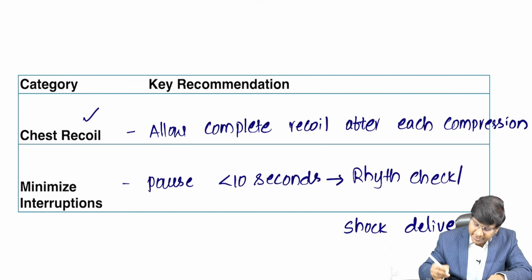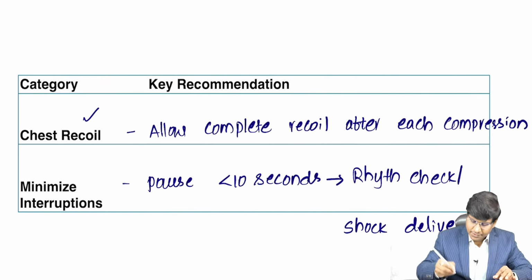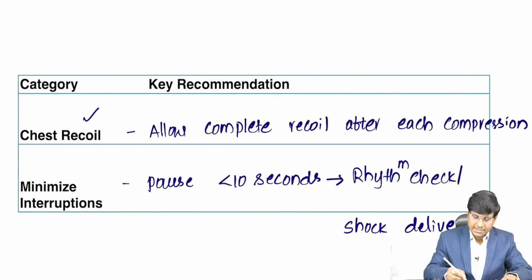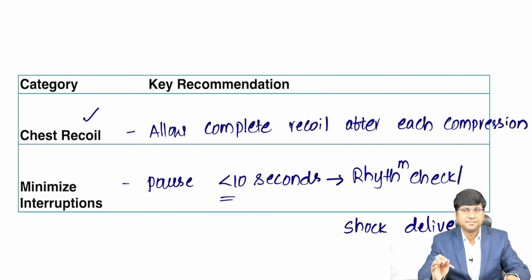So the interruptions should be less than 10 seconds, mainly for rhythm check or shock delivery.